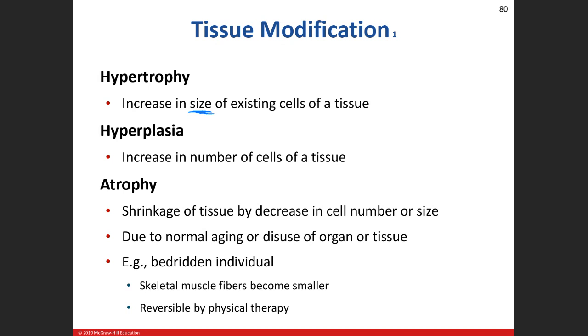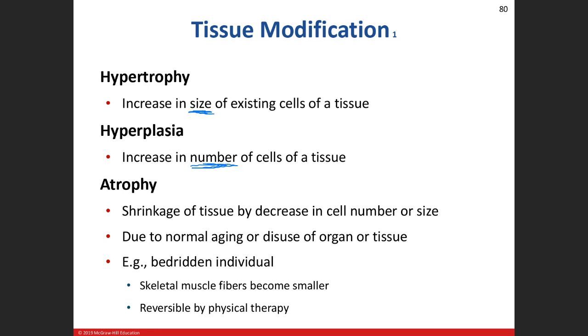Now, hyperplasia is a different story. Now you're going to get an increase in the number of cells for that tissue. So hypertrophy is an increase in size. Hyperplasia is an increase in number. Please don't get those two confused. And then you can have tissue atrophy. You've probably heard of this.